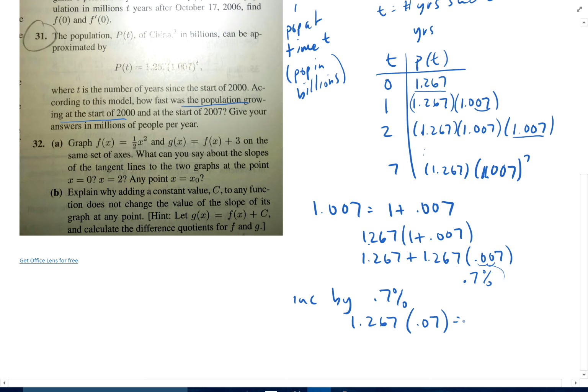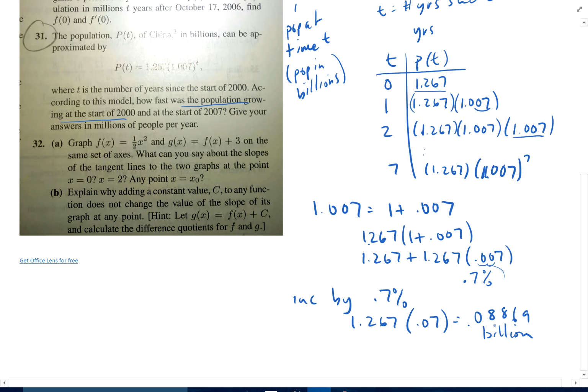It's going to give me 0.08869 billion people.